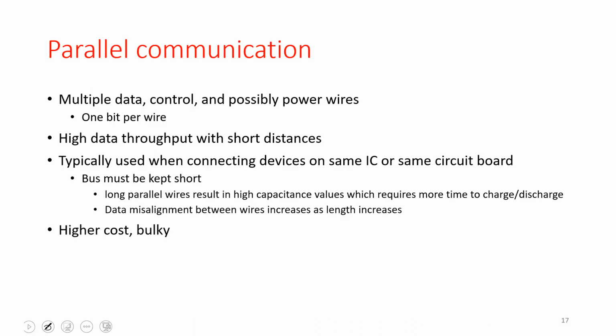Then, as we said, parallel communication has some advantages over short distances, giving higher data throughput. So it would be used in interconnecting ICs or chips with the key components within a computing device. But the disadvantage is it can be high cost and also bulky because it uses one wire per bit of communication.